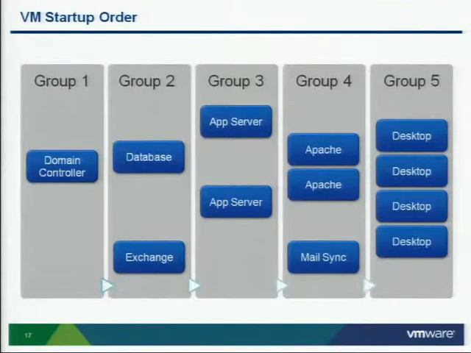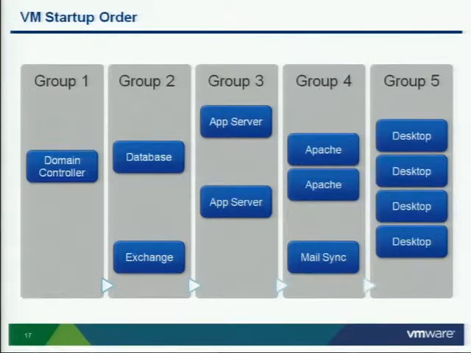So with protection groups covering hundreds and hundreds of VMs, and recovery plans possibly having hundreds of protection groups, that makes a lot of VMs in a single recovery plan. So we've come up with a more sophisticated way to set a startup order.